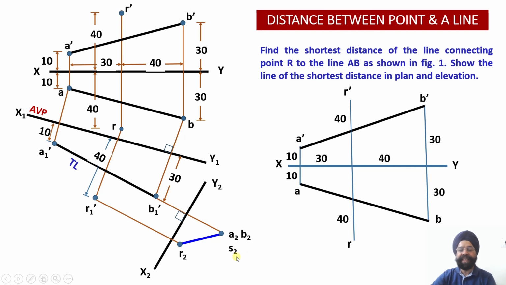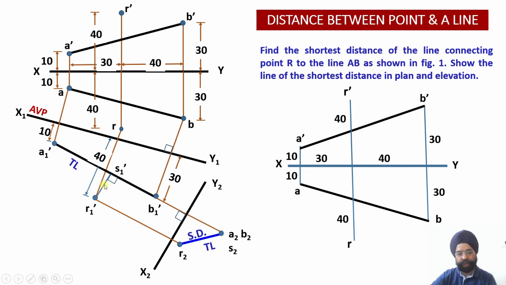This point S has arrived since this is the point where our perpendicular from this point R1 dash will be appearing onto the true length, because we are required to work out the shortest distance between this line and this point, and this shortest distance will be obtained when we drop a perpendicular from point R1 dash.